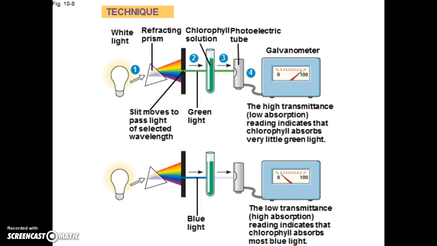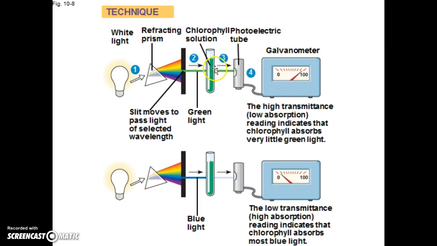And right here we can kind of see how that's happening. We're shooting light through a filter right here. Looks like this filter is only allowing green light to pass through. So light going through a prism, separating into colors, only green light can pass through.